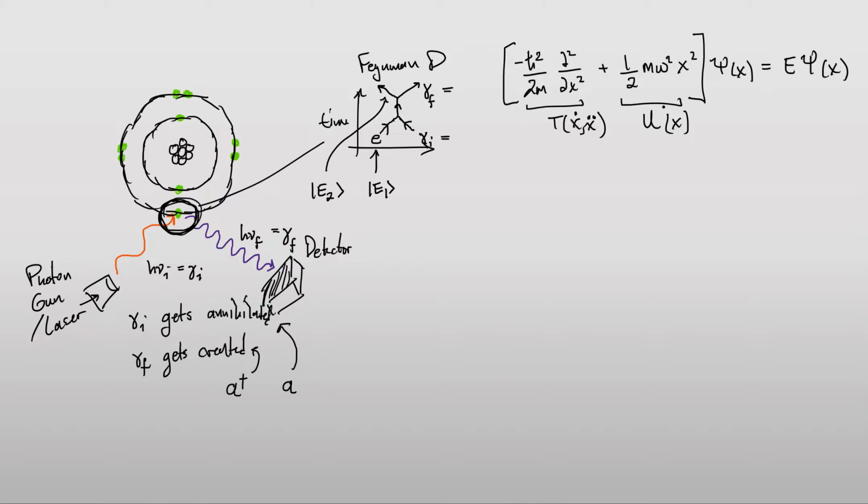All right. And I wrote this potential term in a way such that if we set x equal to the square root of h bar over m omega, times q, so if I were to set x to equal this, then what we end up getting is this.